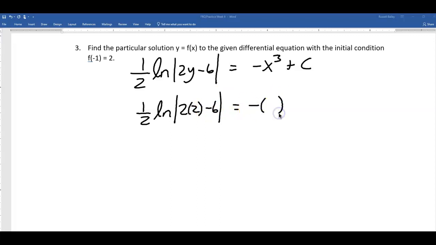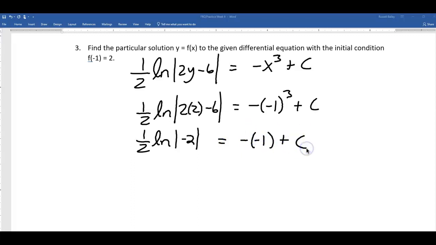What am I plugging in for x? If you cube -1, it's still -1. The absolute value of -2 is just 2. Double negatives is positive.